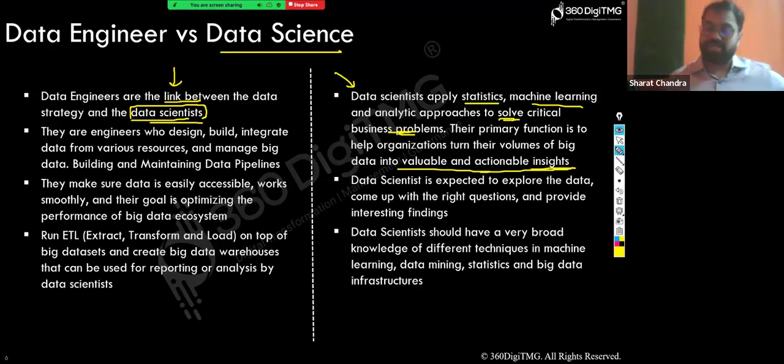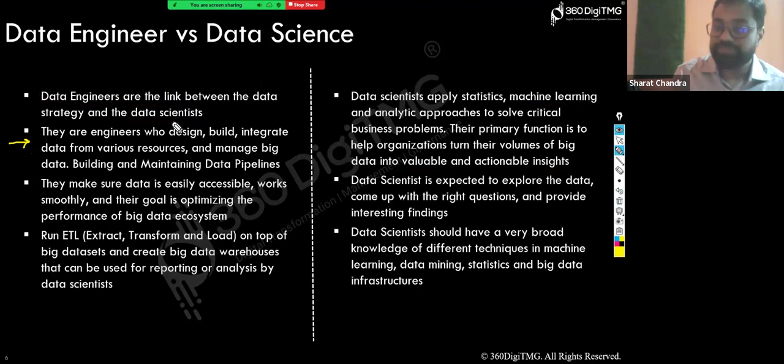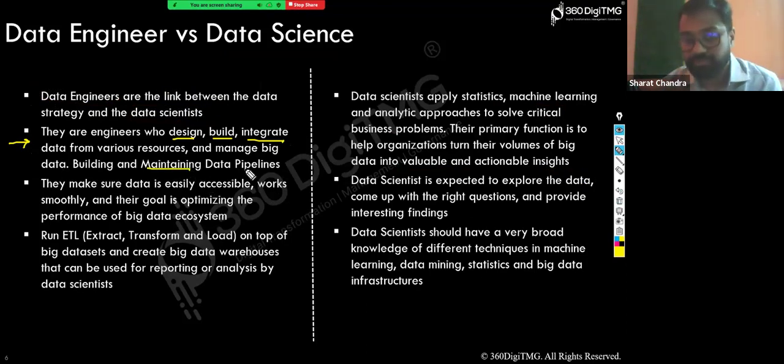They give you actionable insights by applying these techniques. But in order to do that, they need data. So data engineers provide the data, from the different data touch points, these sources, and make it available to data scientists. So data engineers are the key here. They are the link. As I mentioned in the definition, data engineers are responsible for designing, building, integrating, and of course, maintaining the pipelines.